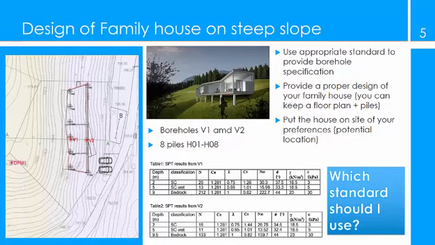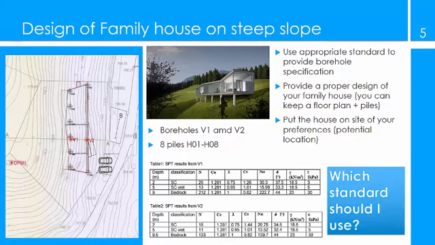This is pile number 1, pile number 2, then pile number 3, 4, 5, 6, 7, and 8. V1 and V2 are boreholes, and I will return to boreholes later on. Now we are just focusing on piles.